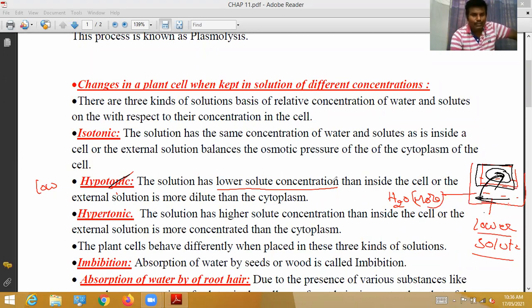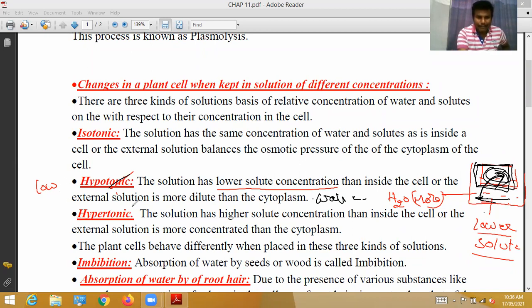The solution has lower solute concentration and more water than the cytoplasm, so automatically the water enters the plant cell. At that time the plant cell becomes turgid. Turgid means bulged. That is called a hypotonic solution.